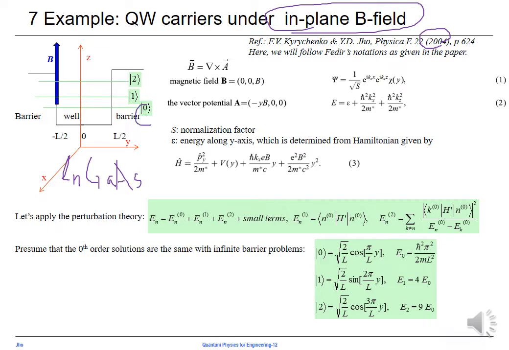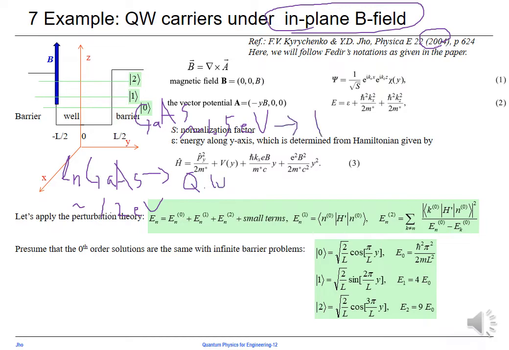barrier gallium arsenide. Gallium arsenide has the larger band gap, on the order of like 1.5 electron volts at very low temperature. This one is slightly larger than 1 electron volt, but maybe like 1.2, something like that. So this is smaller in energy, so it works as quantum well.